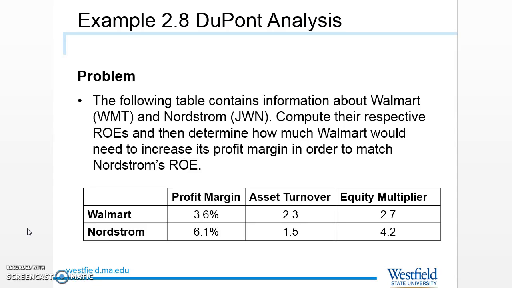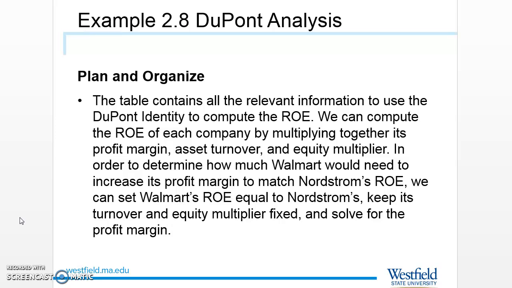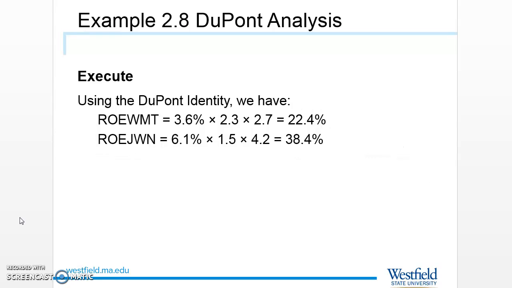So we've got Walmart and Nordstrom Rack, or Nordstrom, which is an upper-end clothing company, and Walmart also sells clothing. So we can look at these things and we see we've been given the pieces. We just multiply them together directly, right? And we see that the ROE for Walmart is 22.4% and the ROE for Nordstrom is 38.4%.